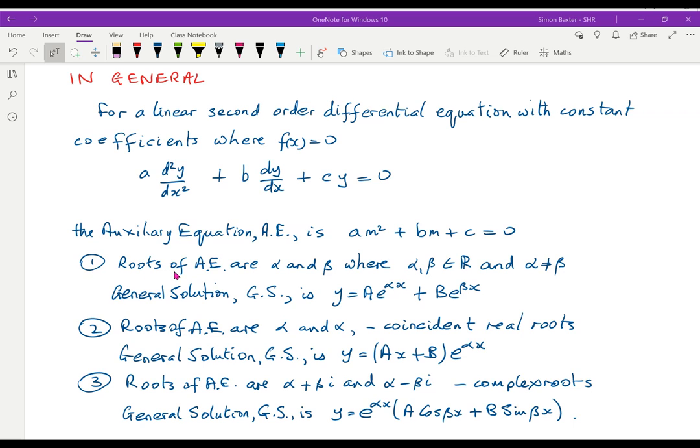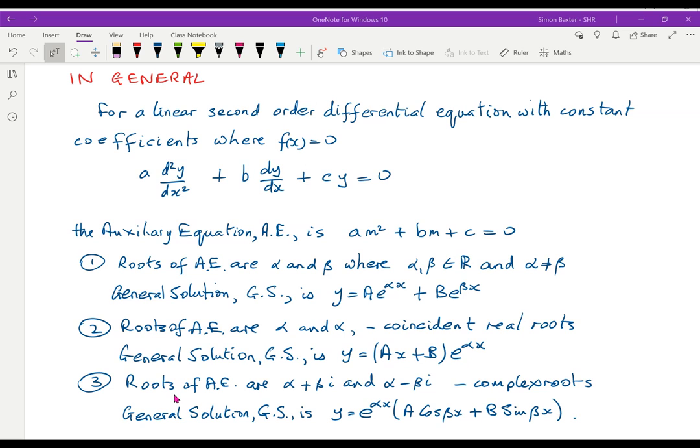If the roots of the auxiliary equation are alpha and beta, real and distinct, then the general solution is y equals a e to the alpha x plus b e to the beta x. If the roots are real coincident roots, alpha and alpha, the general solution is y equals ax plus b e to the alpha x.